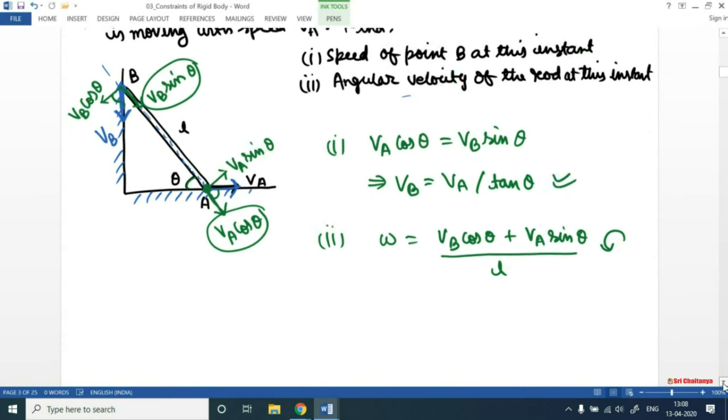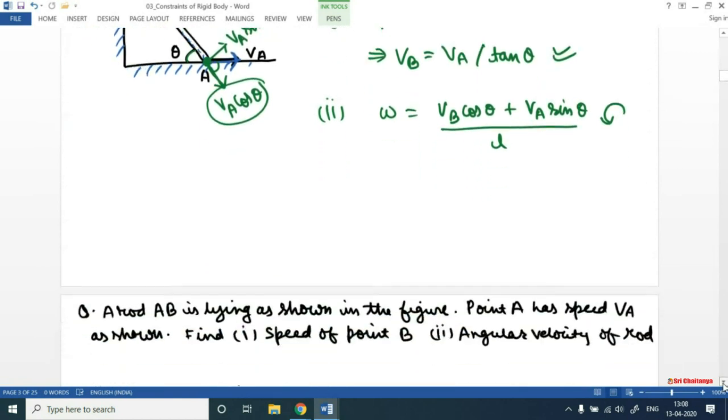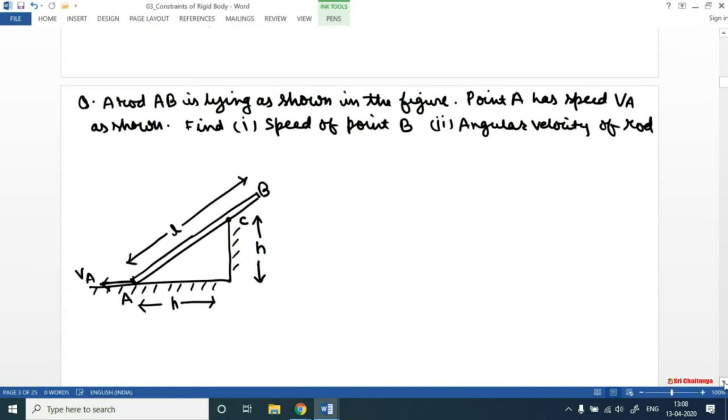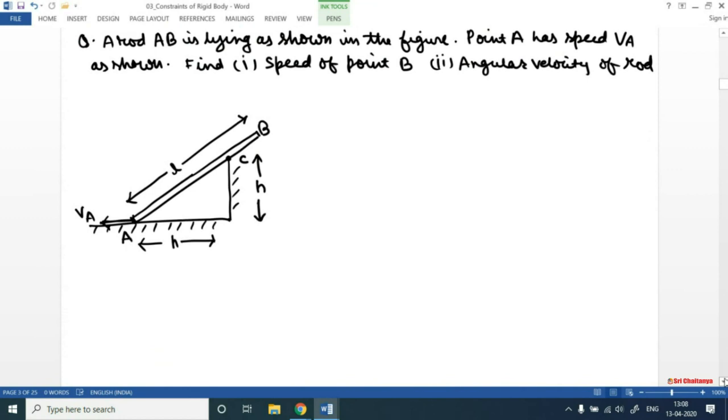So very quickly now, let's move on to another interesting problem, and we will be solving that problem using the velocity constraint. In this diagram, as you can see, we have a rod AB, which is lying as shown in the figure.